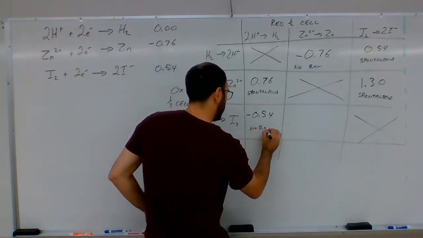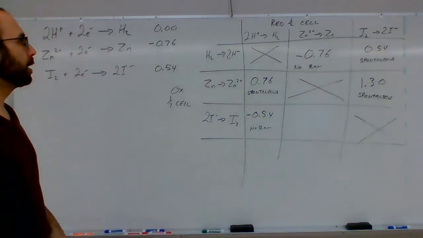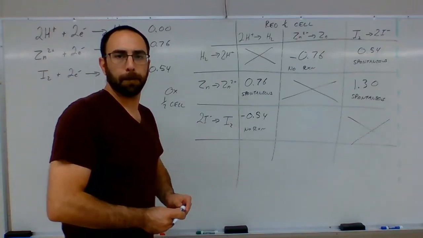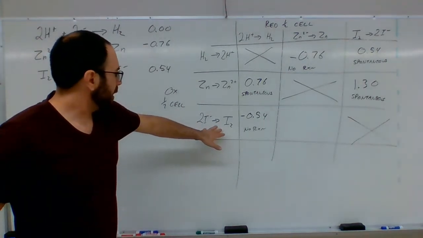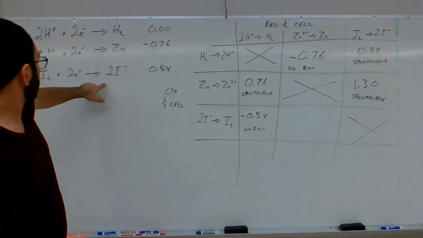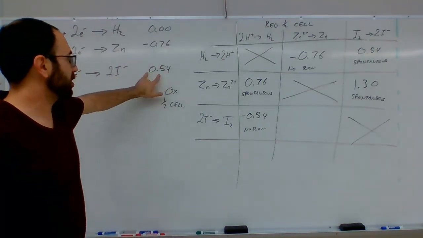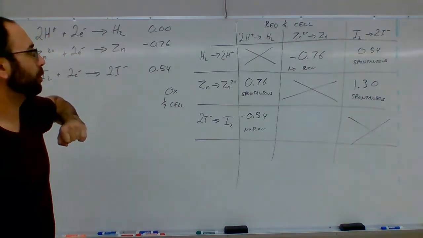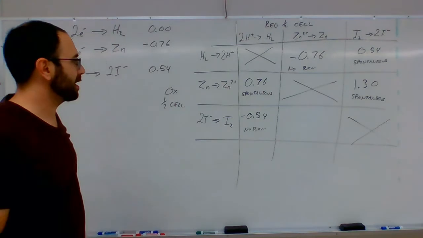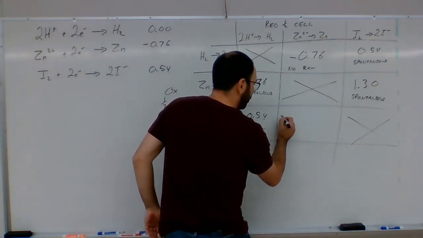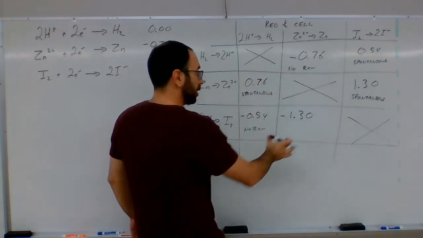And so once again, if I'm now combining the iodine as an oxidation combined with the zinc. If we have this iodine as our oxidation, originally that would be a positive 0.54 for the reduction. However, since it's the oxidation, this is a negative 0.54. And combining it with this zinc reduction of a negative 0.76, this cell would give us a negative 1.30 volts, a negative value.